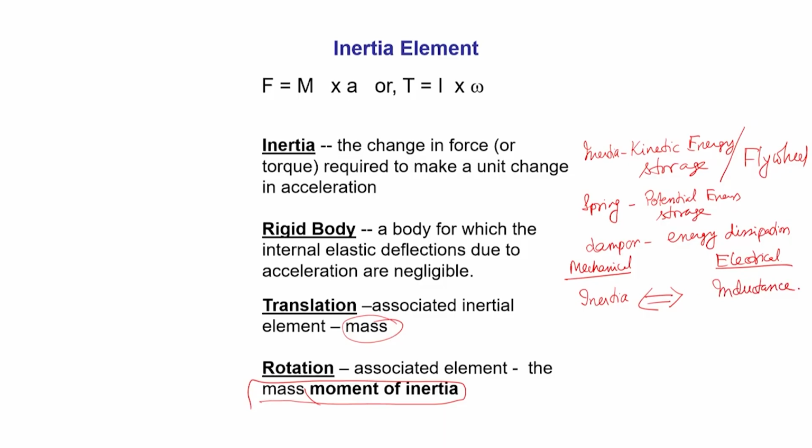A spring, which stores potential energy, is equivalent to capacitance. And finally the dashpot, the third element of a dynamic structure, is equivalent to resistance, because a resistor also dissipates energy, whereas capacitors and inductors store energy.